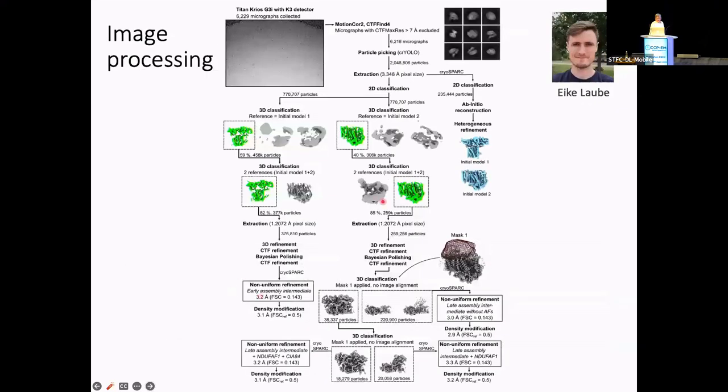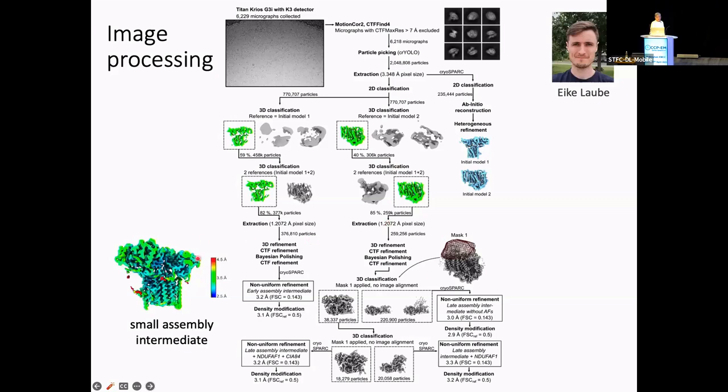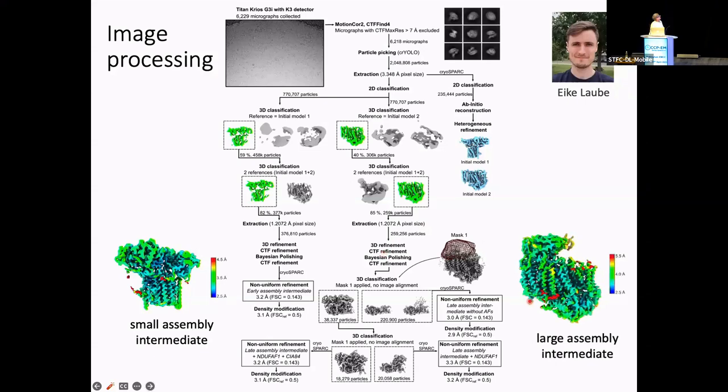And Eike did a major processing effort, which I cannot talk about in detail for time reasons, but he found 2 distinct complexes which he could refine to a small intermediate at a resolution of about 3 angstrom and a larger one at a similar resolution.